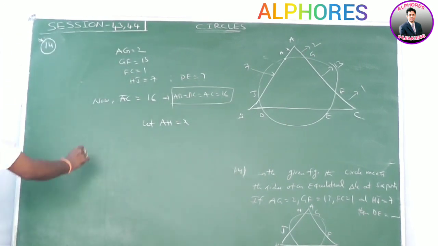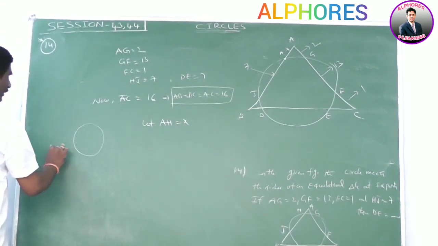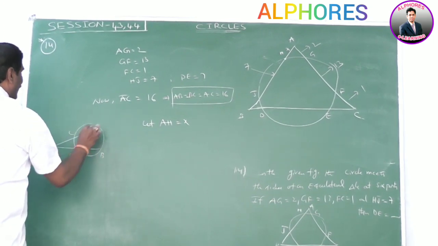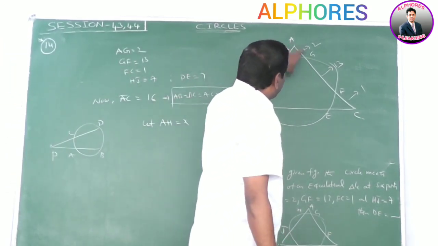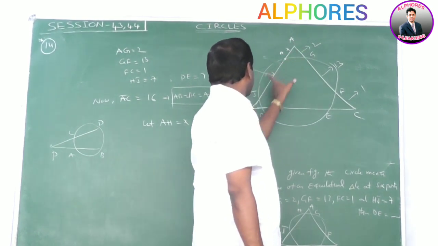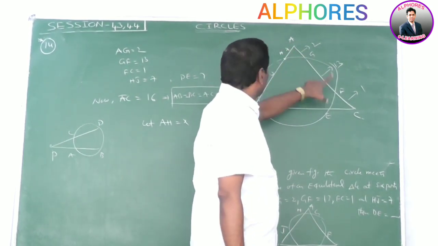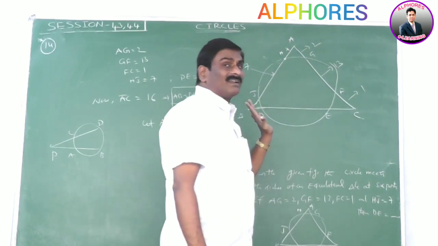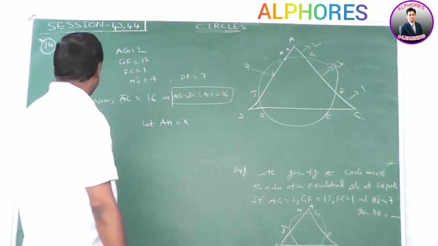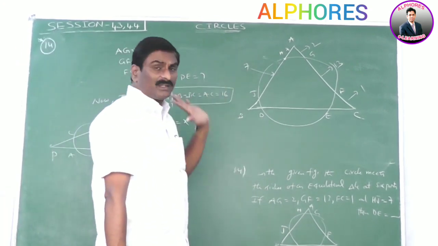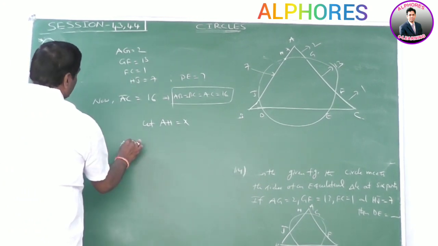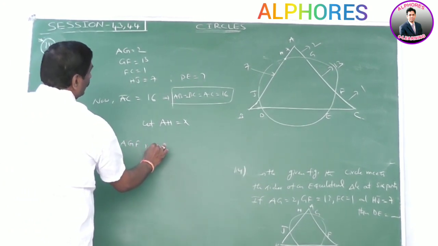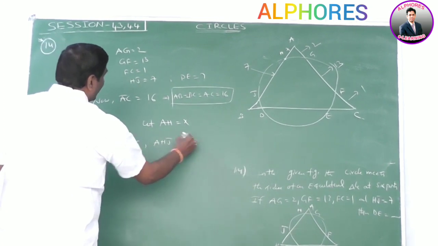Please observe this point. Suppose it is a circle, P is an exterior point, PAB is one secant, PCD is another secant. What is the relation between these values? PA into PB is equal to PC into PD. Here AHJ and AGF are secant lines. By using this property, PA into PB is equal to PC into PD, we find the value of x. Okay? Now AGF and AHJ are two secant lines.